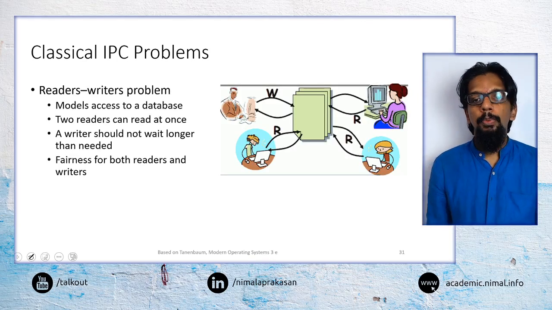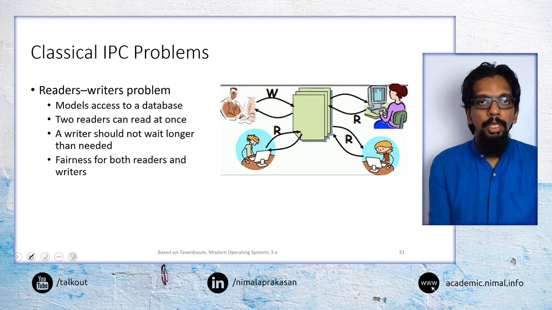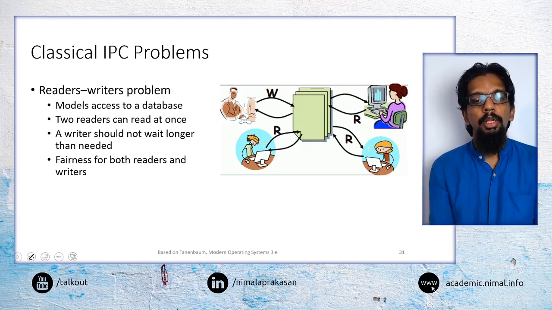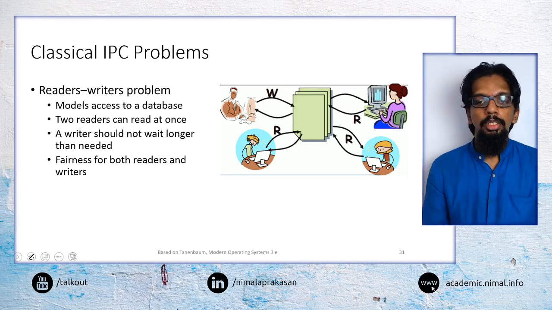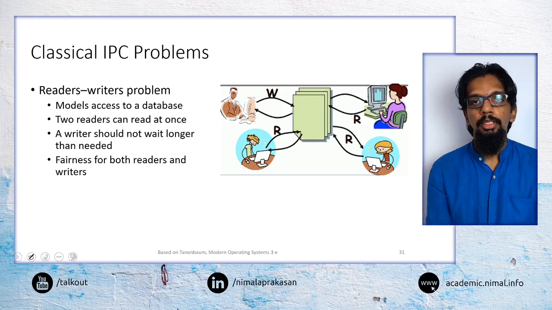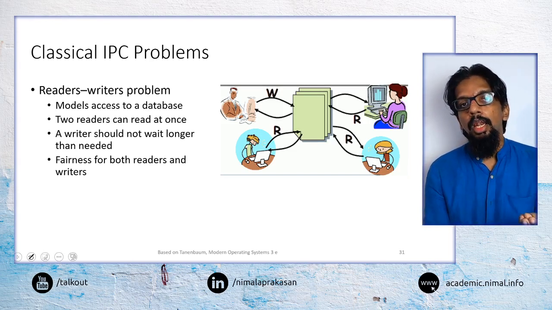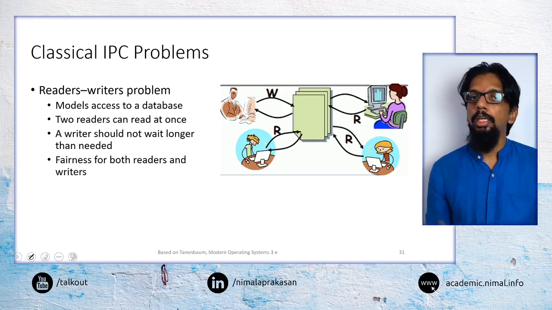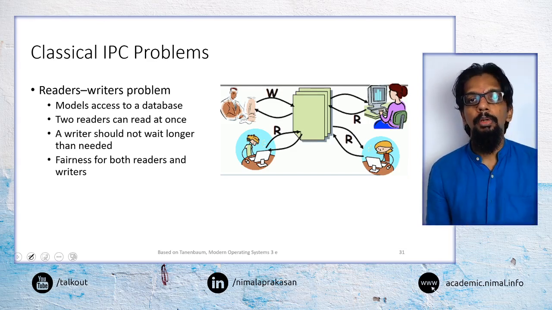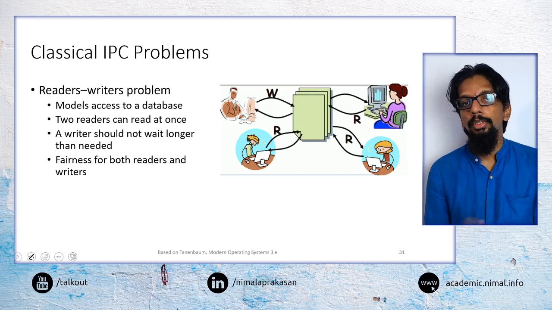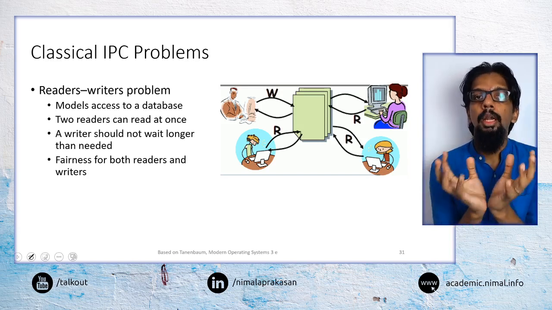Then another problem is in certain applications, especially database type applications, where we can have certain users writing information and certain users reading information. We can have many people reading information, that is not a problem, but we may want to have only one person writing, because multiple people writing at the same time may corrupt the data.